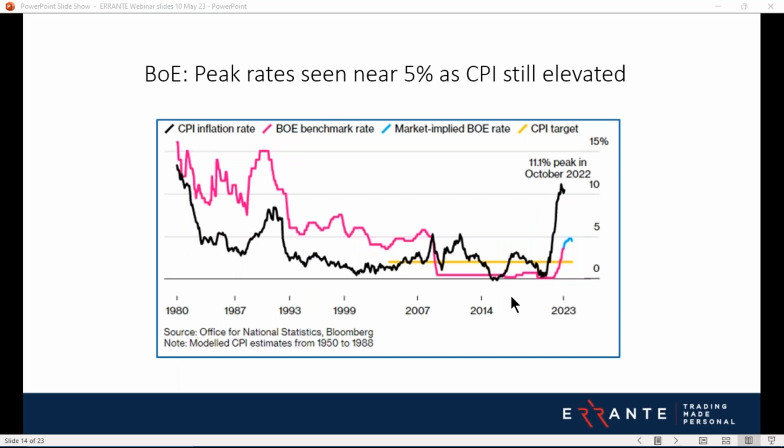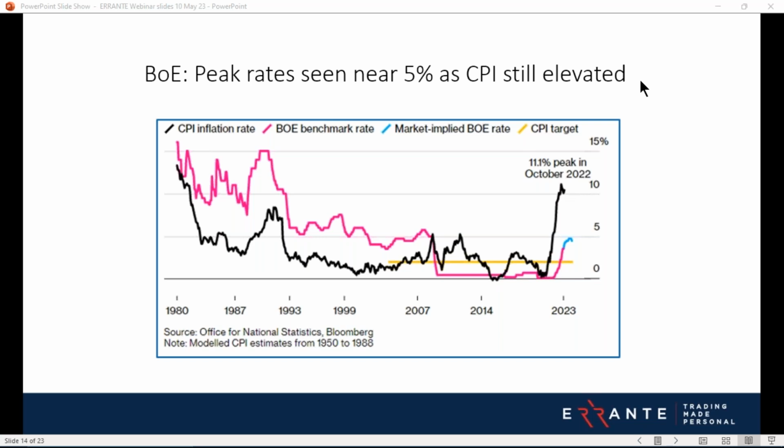The pink line is where the benchmark BOE rate is, base rates really pushing up towards potentially 5%. That should probably be adjusted. 4.85 I think is the current level, and then you've still got this inflation level above 10%.